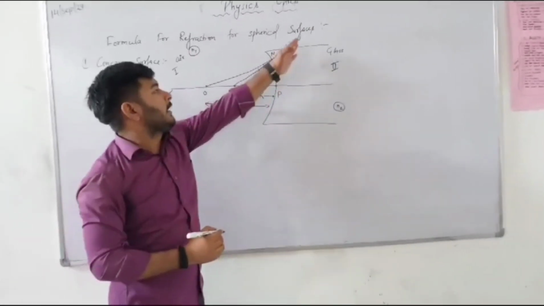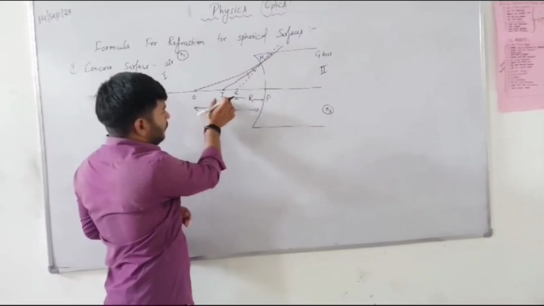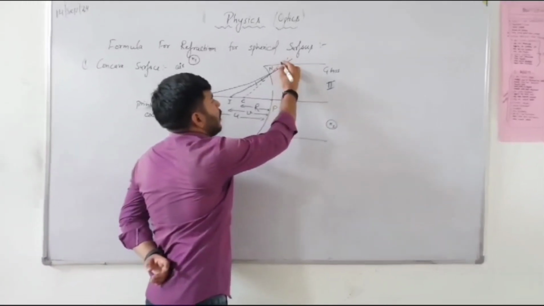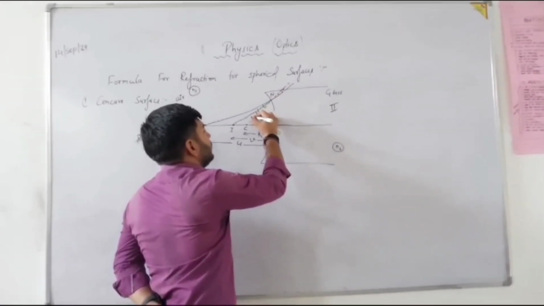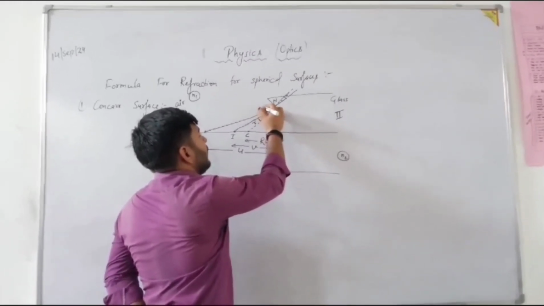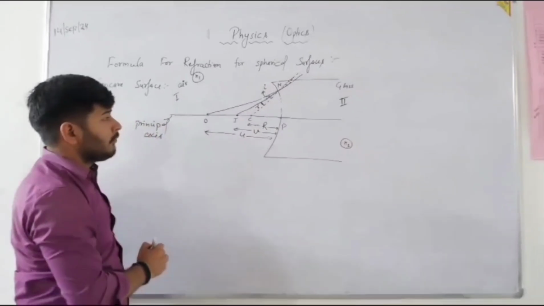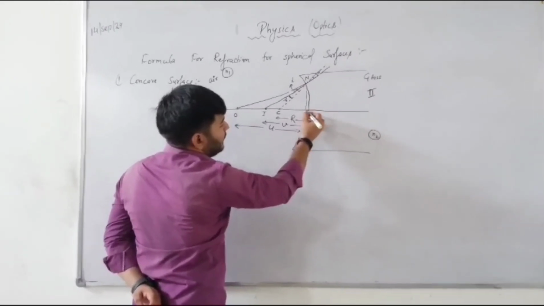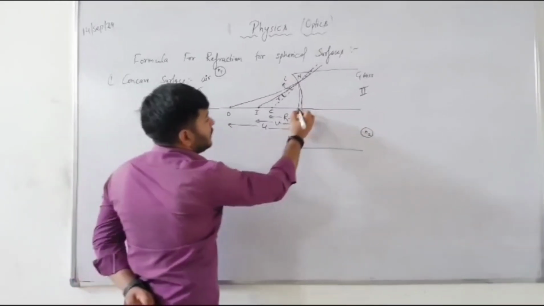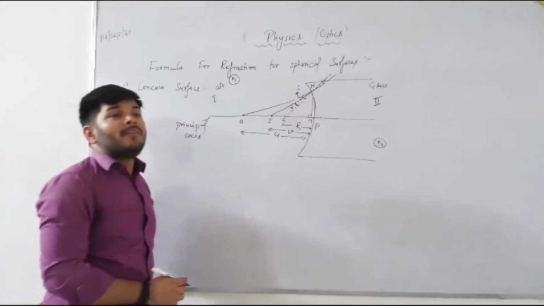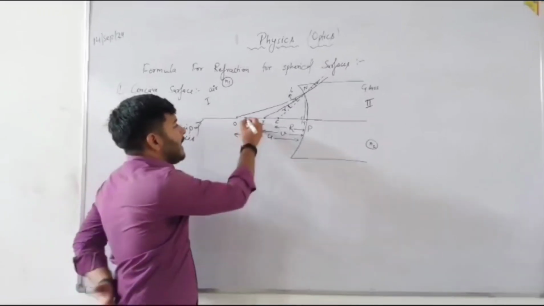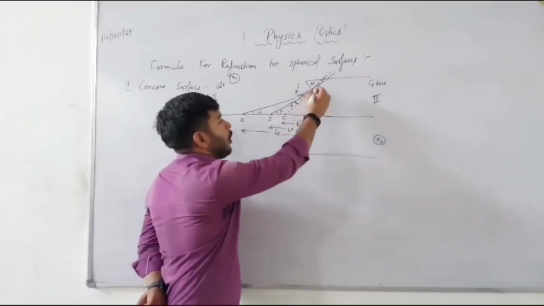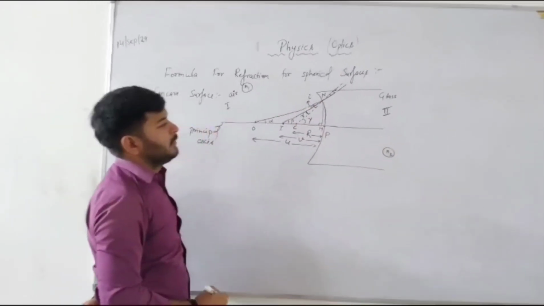So the distance from the point I to the pole will be V. And this angle R is vertically opposite to this angle, so this is also R. We are now considering a perpendicular, very close to the principal axis, and we name the foot M. Now we are assuming that the object ray makes angle alpha with the principal axis, the image ray makes angle beta, and the normal makes angle gamma with the principal axis.